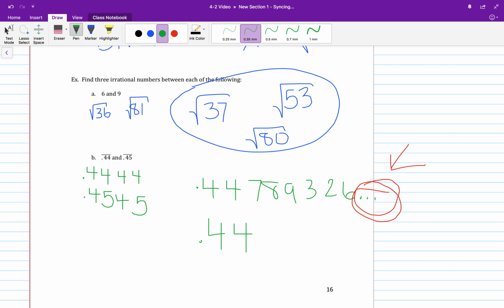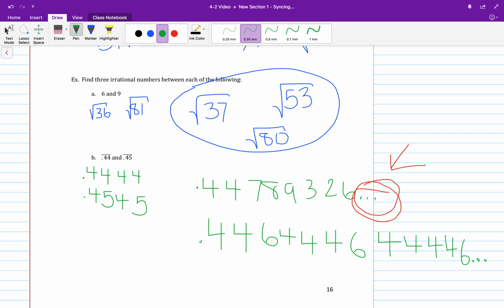Maybe I would put, I don't know, I'll choose a 6 here. And then I could write 3 4s instead of 2, another 6. And now I would write 4 4s and a 6.